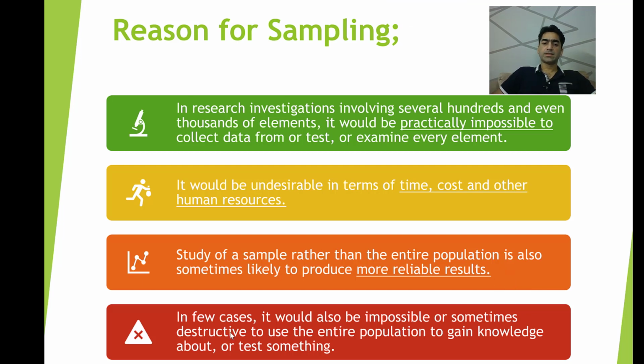The last one is, in a few cases it would also be impossible or sometimes destructive to use the entire population to gain knowledge about or test something. We call it destructive sampling. For example, think about unobtrusive research, like how I can measure the total life of a light bulb.